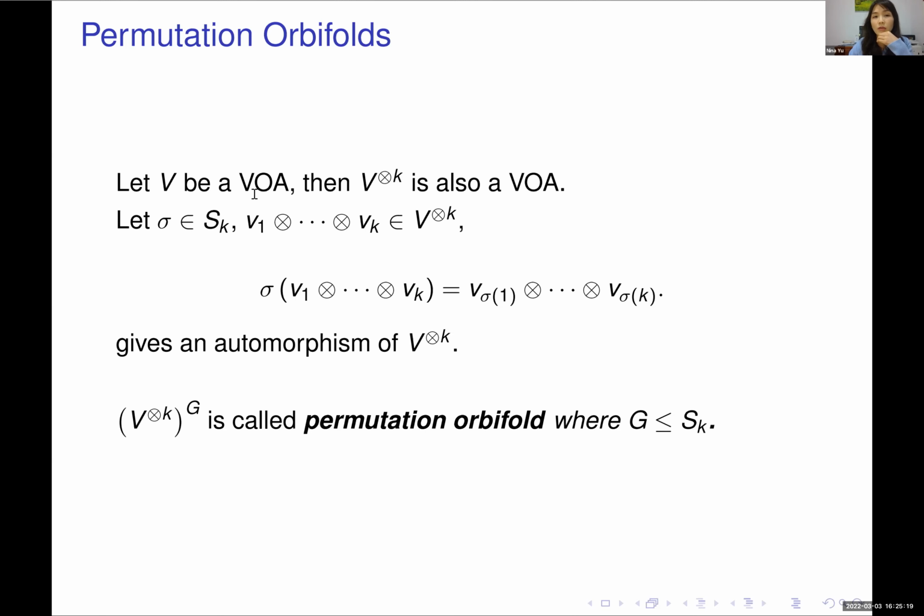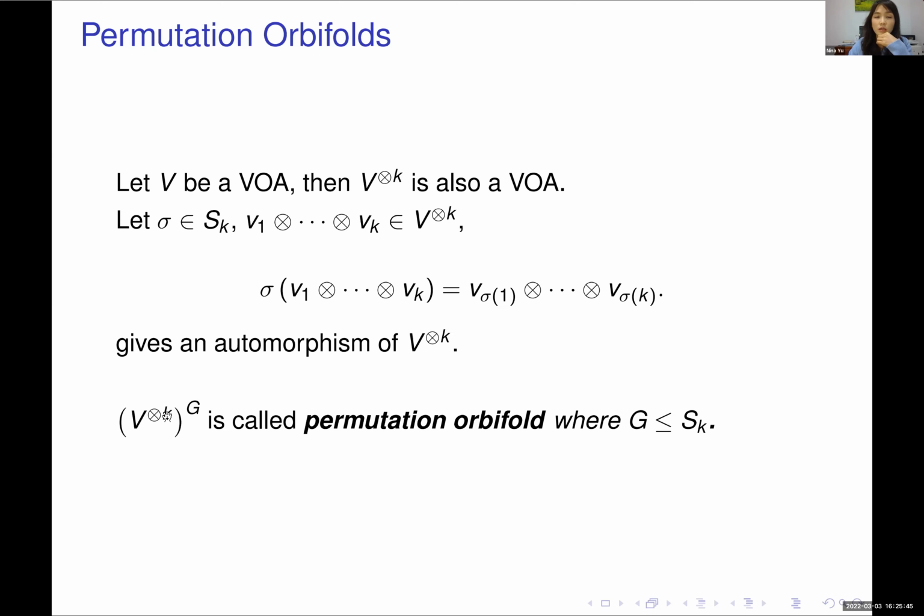If you are given a VOA, you can consider its tensor product, and this is also a VOA. Now, if we consider sigma, which is an element in the permutation group S_k, sigma acts on the elements in the tensor product VOA just by permuting the factors 1 to k. So this sigma naturally gives you an automorphism of the tensor product VOA.